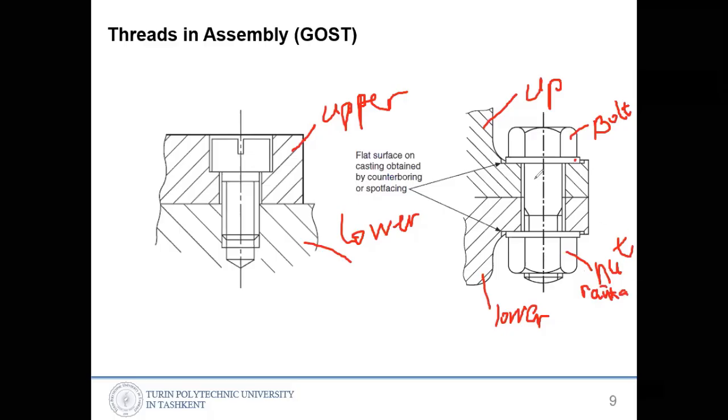And the threaded side starts from here. There is a threaded element until here. The nut also has an internal thread, so holding this bolt and nut together, these two parts are held together, pressing these two things.